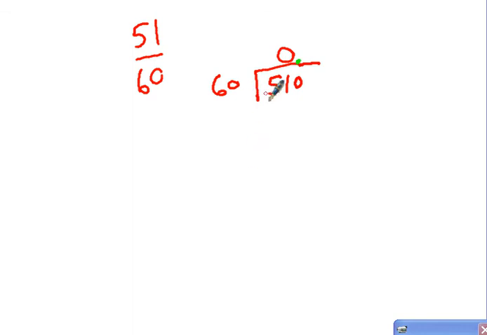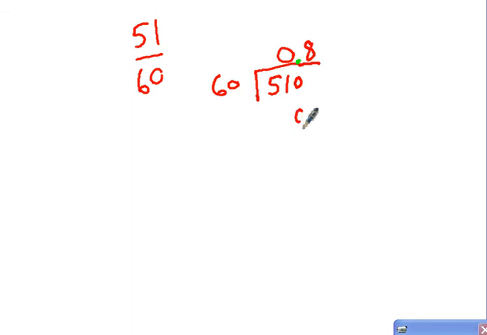Well, 60 probably goes into 510 at least 5 times. I'm going to try 6 times. Or 7. I'll make it 8 times. So I'll try 8 and see if that's big enough.